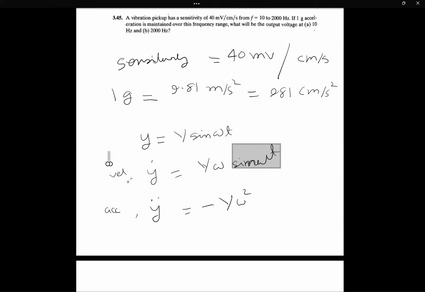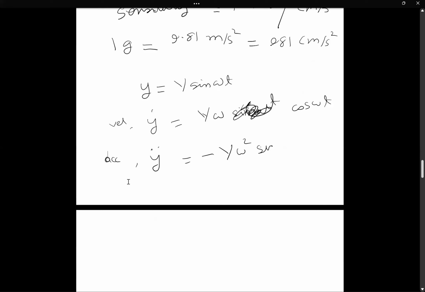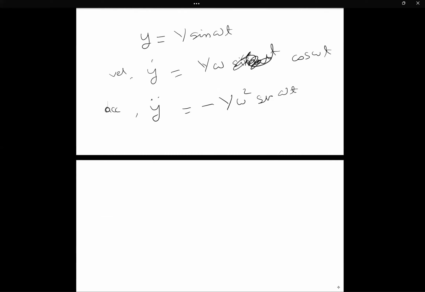Sorry, it would be y omega cos omega t. As we're differentiating it, the acceleration would be minus y omega square sine omega t. So if we just take the amplitude, then velocity is y omega and acceleration is y omega square.